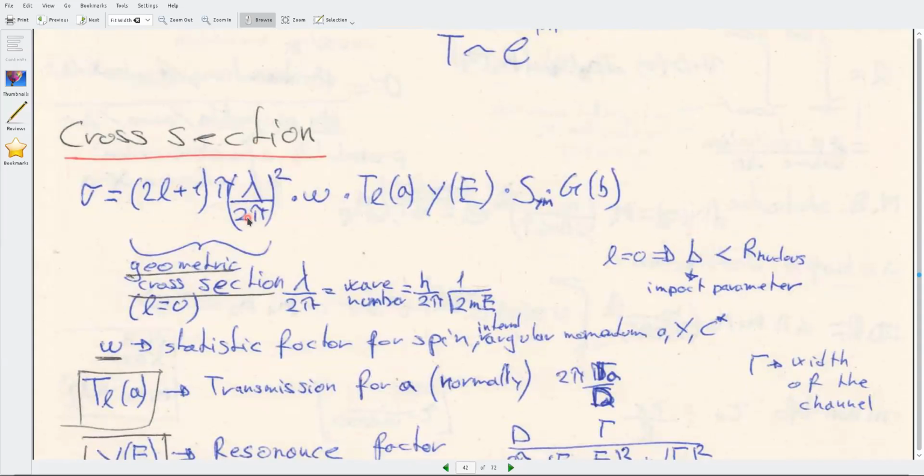In this case it's a little different, but still proportional, and it is not the radius but is connected with the wave number, the size of the wave function.